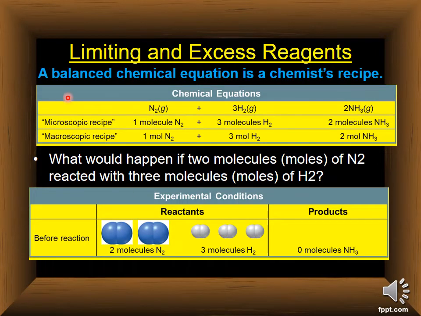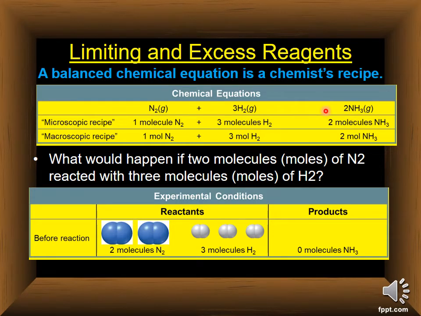Now let's start with the real problems. A balanced chemical equation is a chemist's recipe. If you have the balanced chemical equation, you have everything. See here, it shows N2 plus 3H2 gives 2NH3.